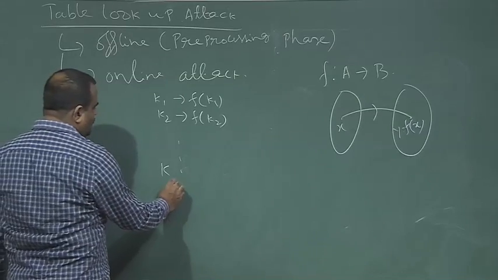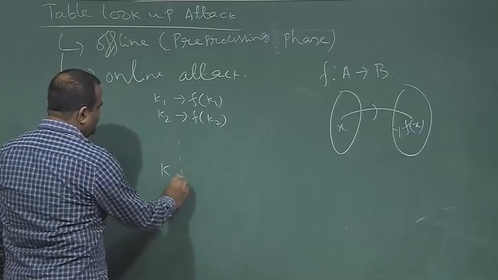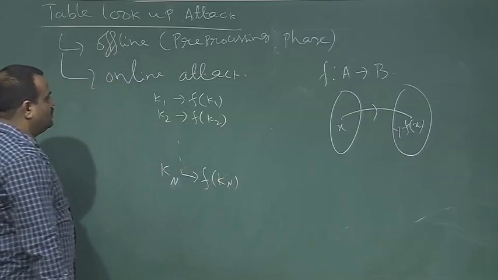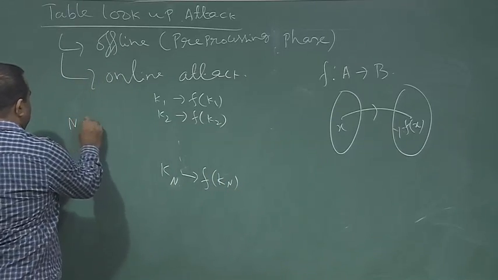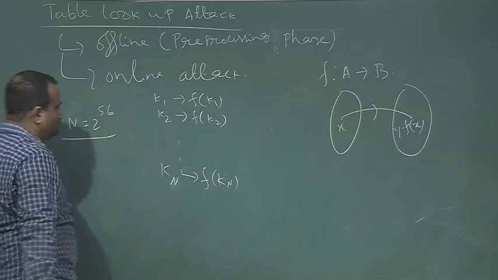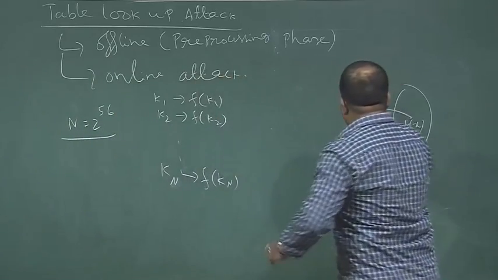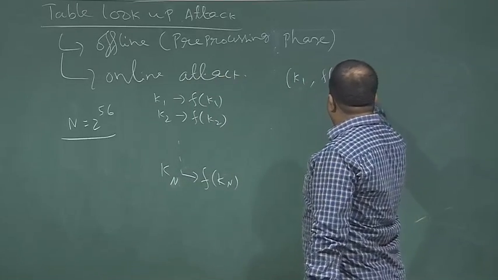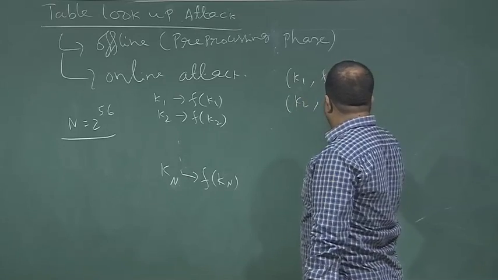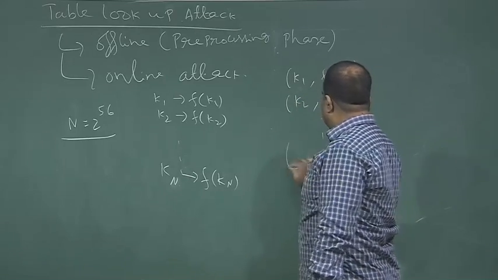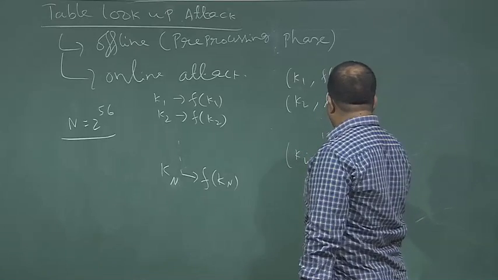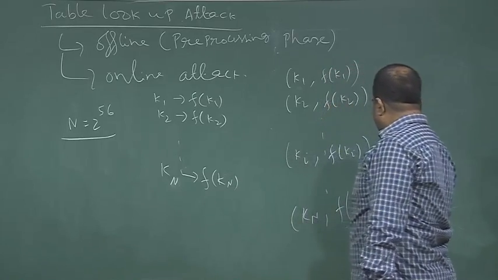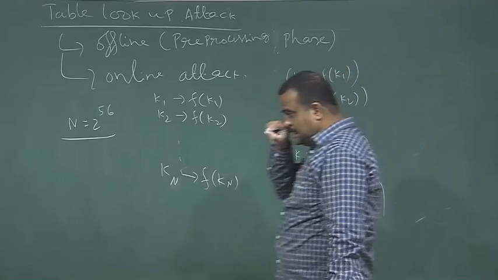If it is DES, then N is 2 to the power 56. In the table we store the pairs ki, f of ki, like this, up to kN, f of kN.